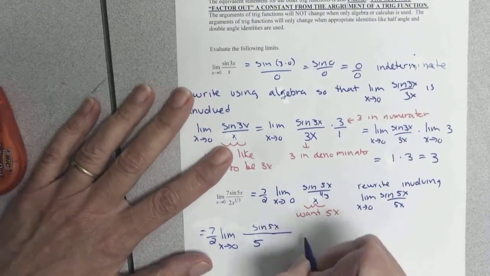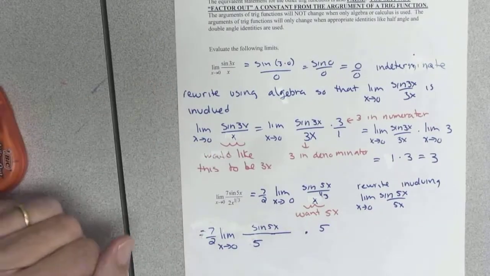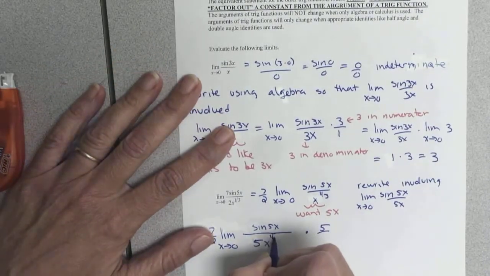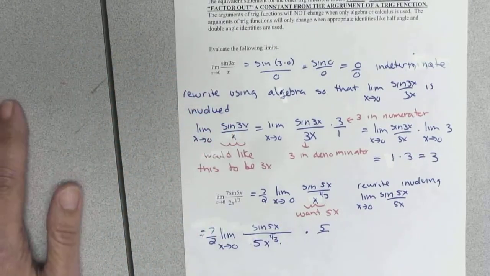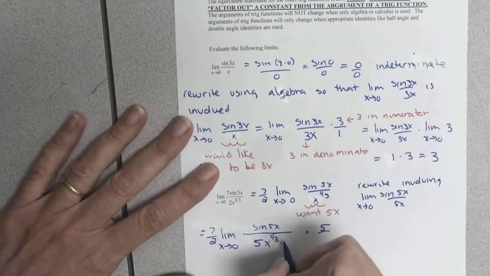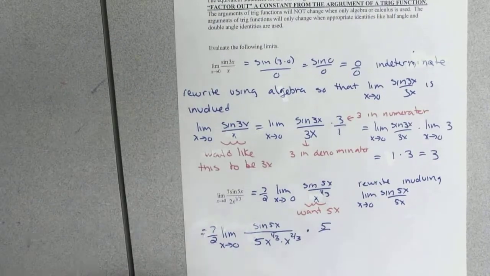So I'd like a 5 there. Well, I just put a 5 in the denominator. I better put a 5 in the numerator. I have x to the 1/3. I need to get that x to the 1/3 up to x. I need to get x to the first. Well, to go from 1/3 to first, I'm going to need to put in 2/3.